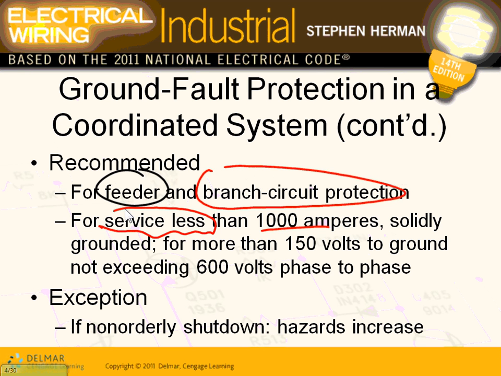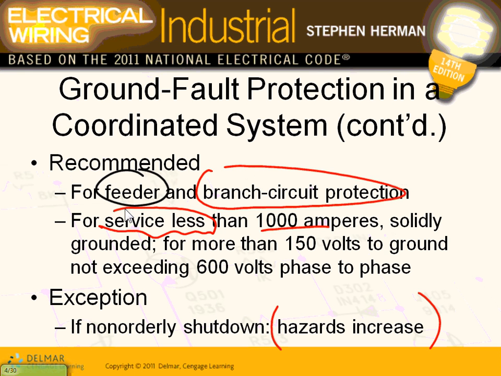Exception, on the feeders, guys, they have an exception. If you have a process that is mixing chemicals, or nukes, and you interrupt it by a ground fault, you trip and interrupt that process, you're going to create more hazard than burning a conductor.